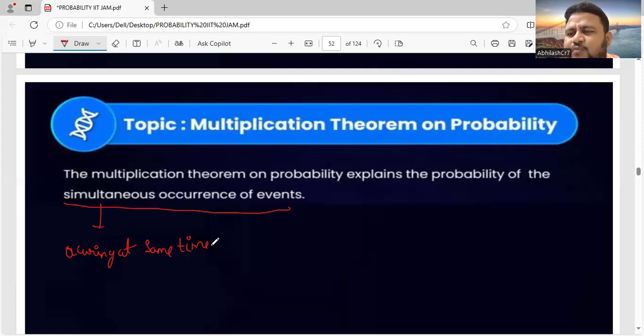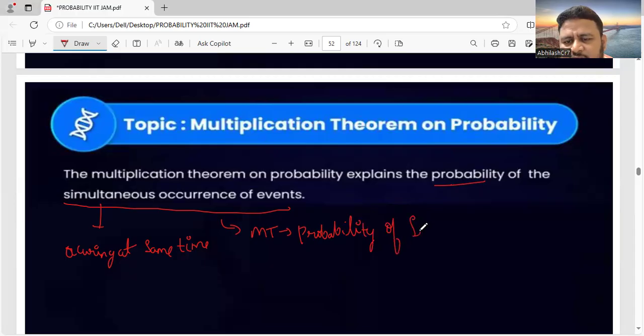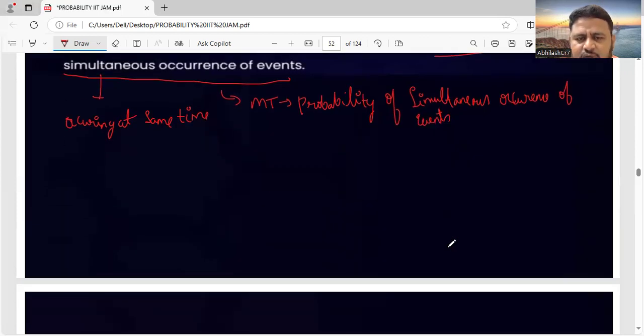It helps in finding out the probability of simultaneous occurrence of events.